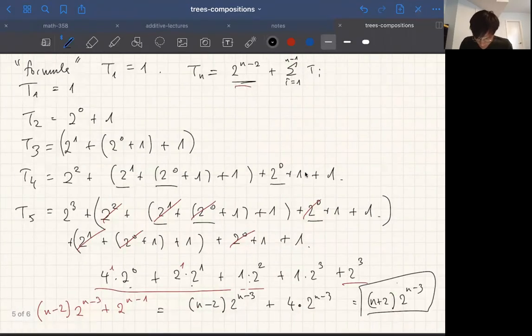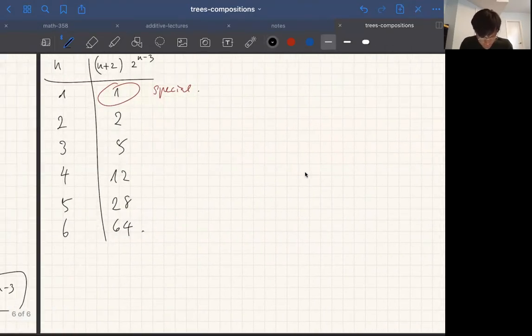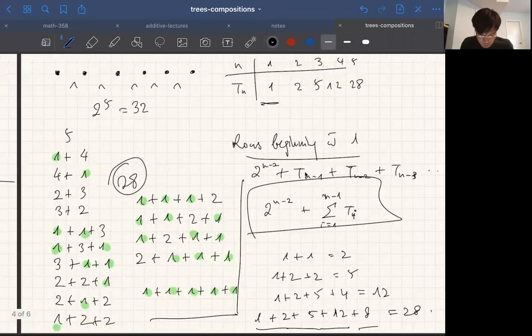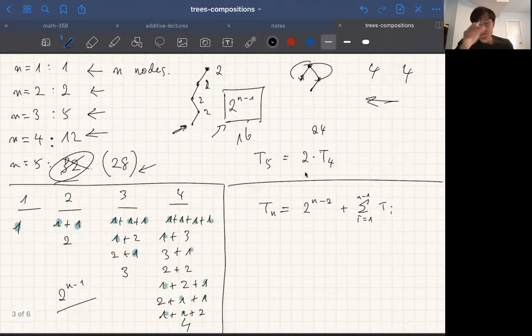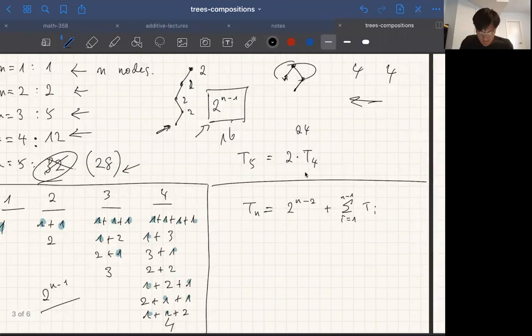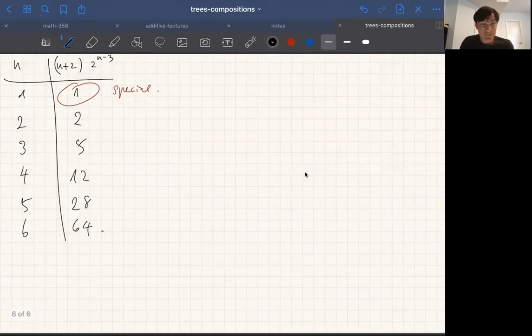So now we know the formula. So it's n plus 2 times 2 to the n minus 3. The problem is it's such a nice formula that it's sort of unclear where it would even come from. N plus 2 times 2 to the n minus 3. What are we counting n plus 2 of? That would have 2 to the n minus 3 possibilities.